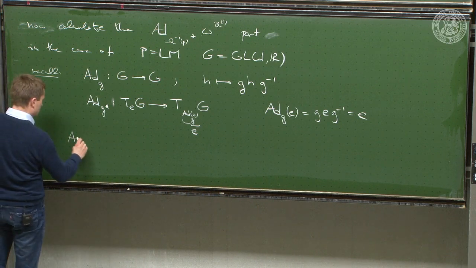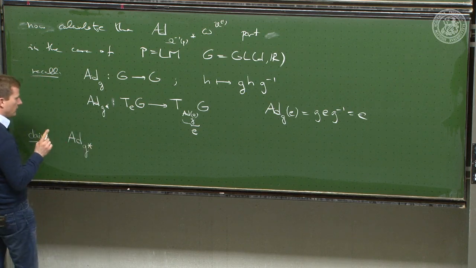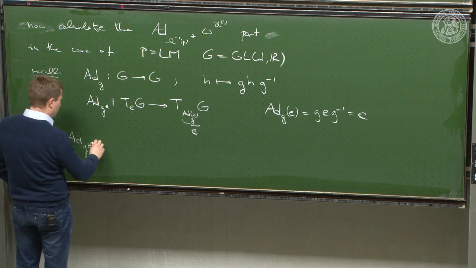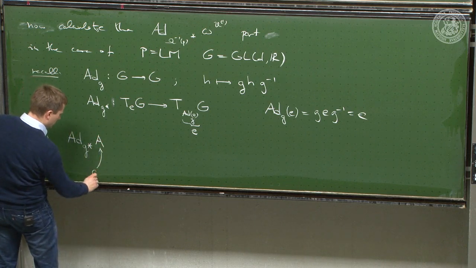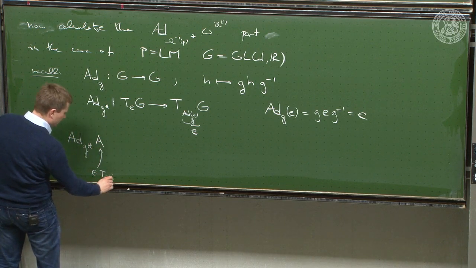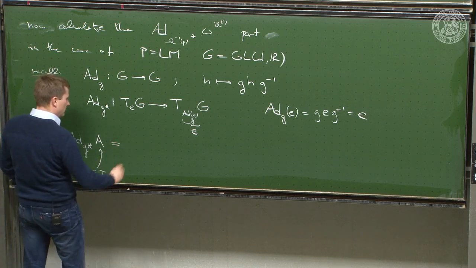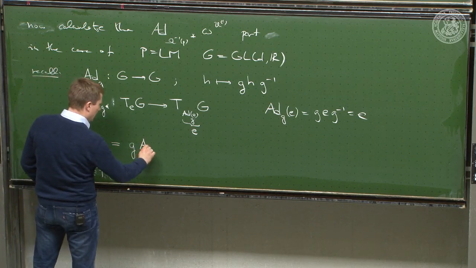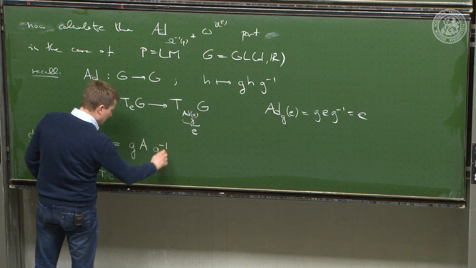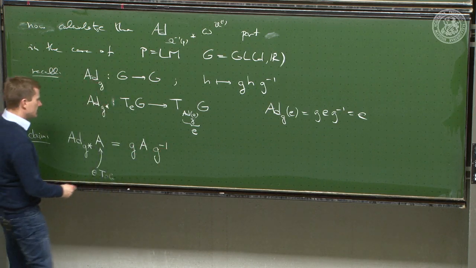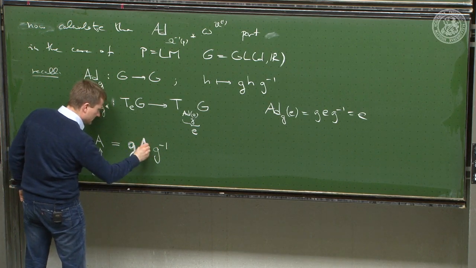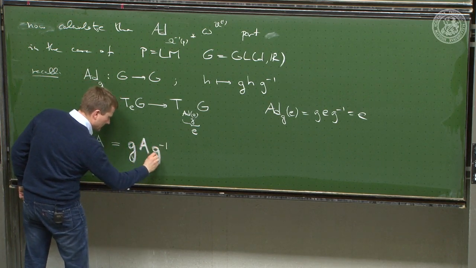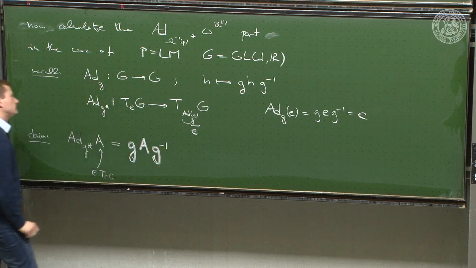that Ad_g star, the push forward, acting on a Lie algebra element A, so this is from T_eG, is actually given by g A g inverse, and again I make this fat because these are the matrices representing the respective elements.